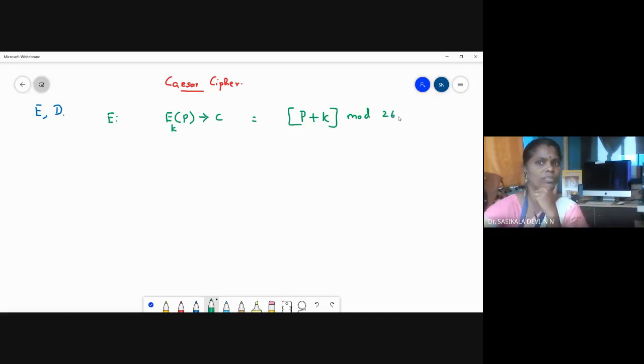The decryption algorithm is D of C based on key K, which produces the plaintext. This is equal to taking the ciphertext, subtracting the key, then modular reduction on 26.